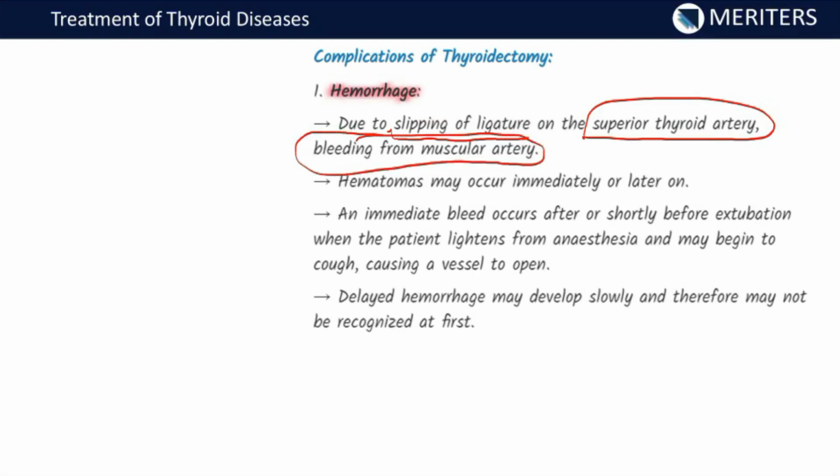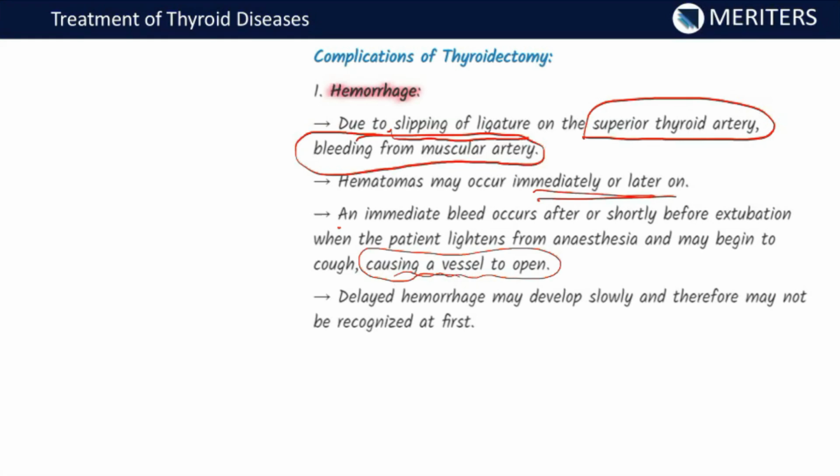Now the hematoma may occur immediately or it might take some time. An immediate bleed occurs shortly before extubation when the patient lightens from anesthesia and may begin to cough, causing a vessel to open. So that is again one condition, immediate bleeding during the extubation.